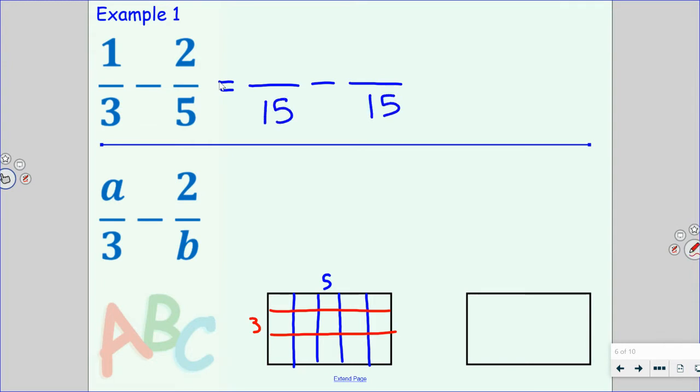Naturally, don't say 1/3 is the same as 1/15, say 1/3 is the same as 5/15, and 2/5 is the same as 6/15.